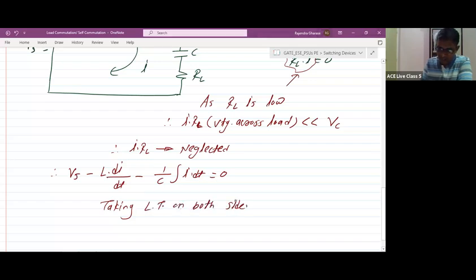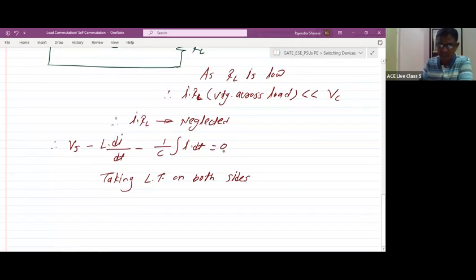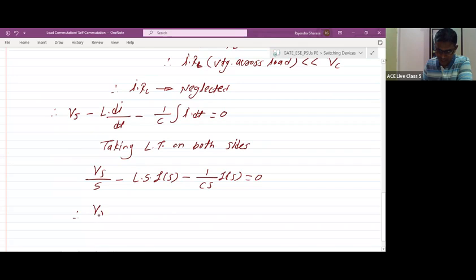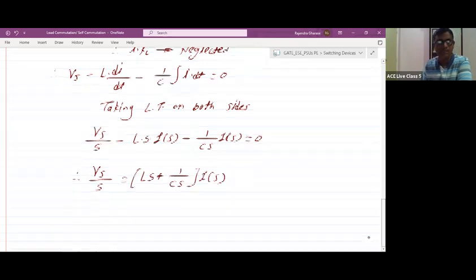Taking Laplace transform on both sides, the right hand side is only 0, so the Laplace will be 0. So here it is VS by S minus L into S into I of S minus 1 by CS into I of S is equal to 0, right? So now we can write VS by S is equal to LS plus 1 by CS into I of S, correct?